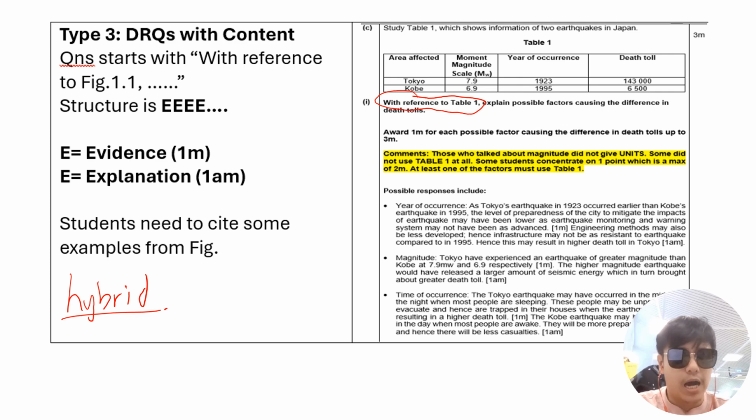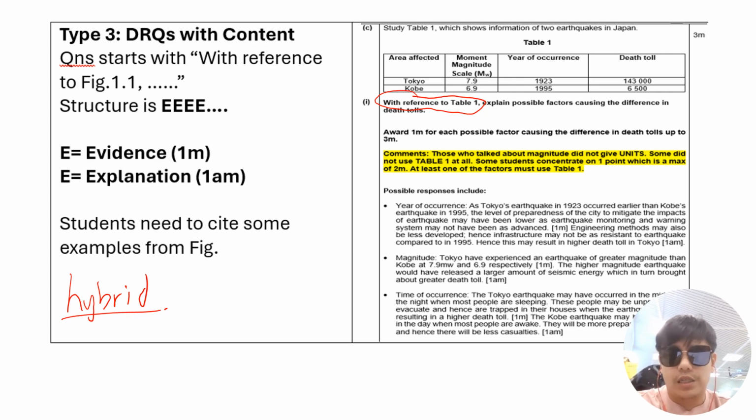Okay, this has higher, I would say, expectation and requirement because you need to be able to firstly give evidences from the figure. Secondly, you will need to explain and apply what you have learned to the question. So in this case, it is also about tectonics again.